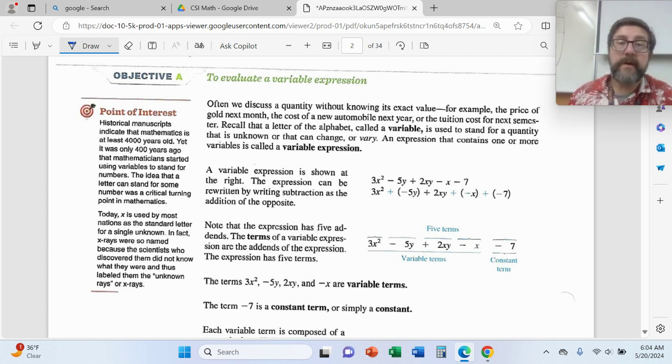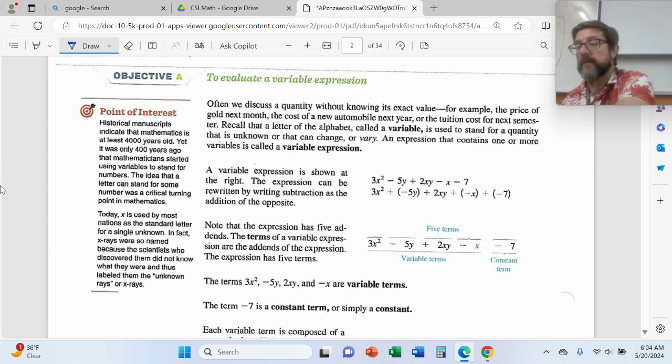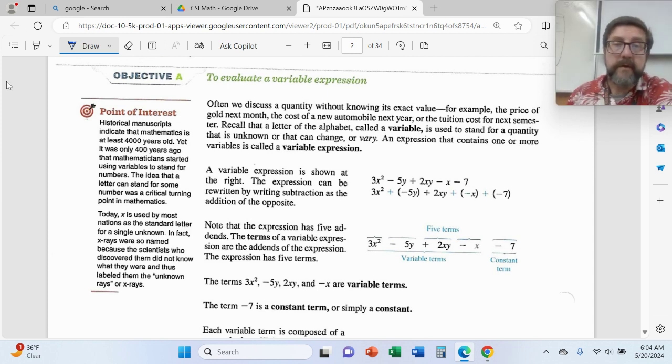Often we discuss a quantity without knowing its exact value. For example, the cost of gold next month, the cost of new automobiles next year, the tuition costs of next semester.